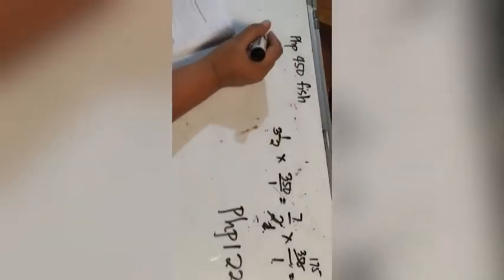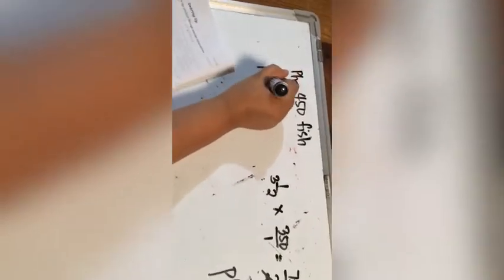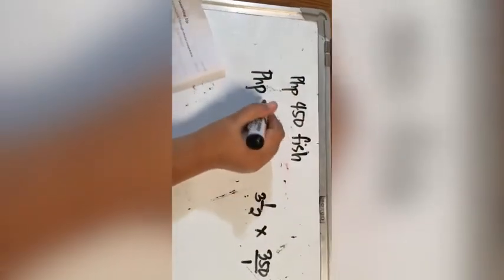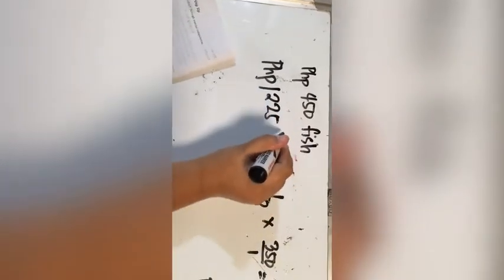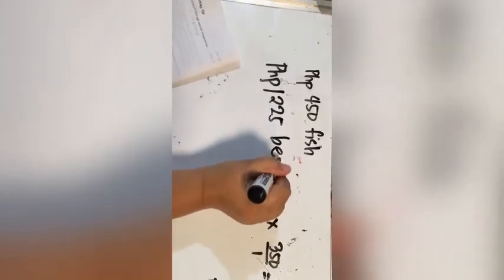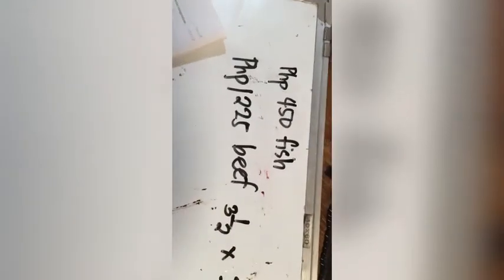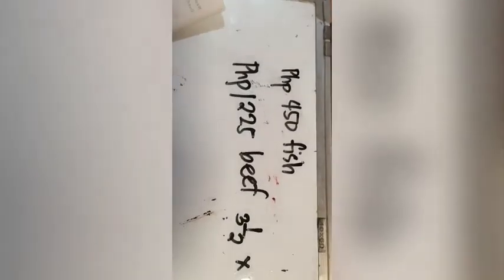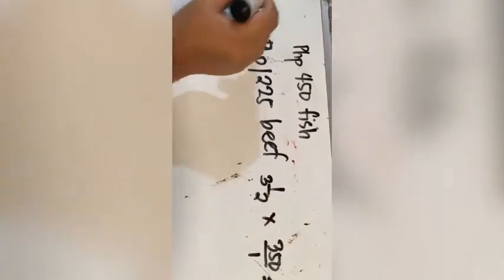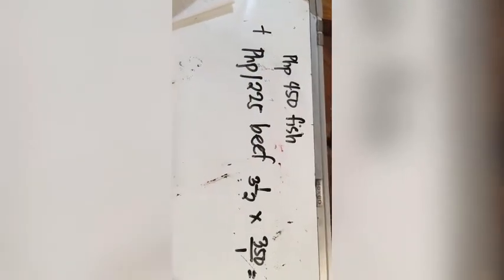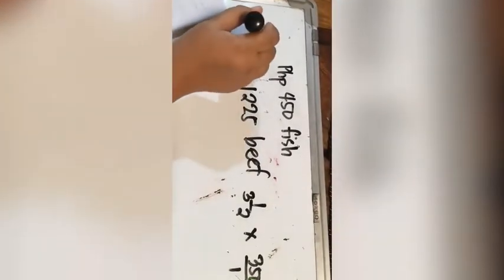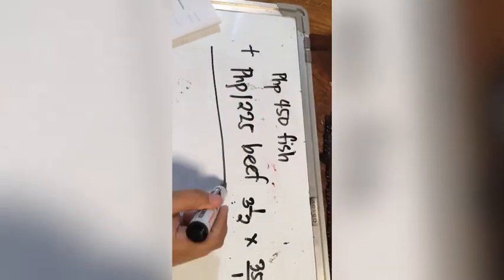Okay? And then, here, 1,225 ang beef natin. Now, the question is, how much did she spend in all? Magkano daw yung nagastos niya lahat sa fish at saka sa beef? Now, this time, you are going to add. Remember, we started with multiplication and then we end up to addition. Okay?